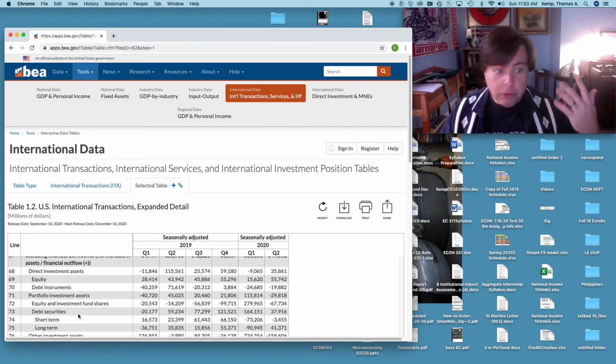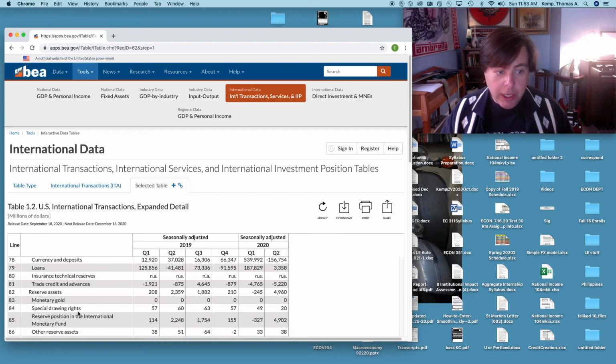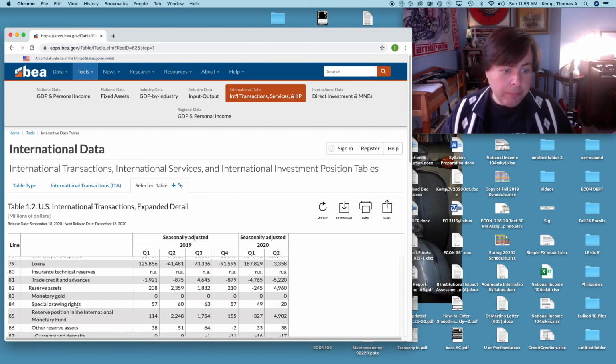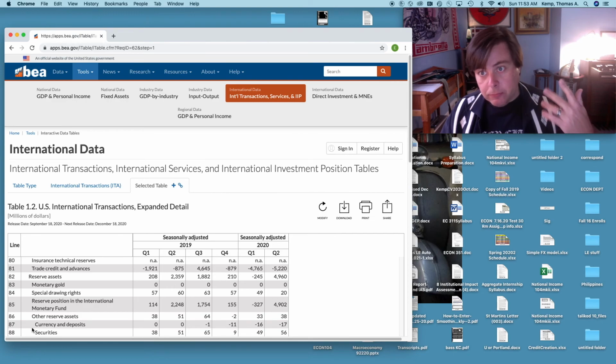Debt securities, so bonds and other things like this. Other investment assets, reserve assets. So we use currency in our example. Currency deposits, line 87 here, sitting on the financial accounts. This would be foreign holdings of U.S. currency or U.S. holdings of foreign currency, depending upon which specific notation we're looking at.